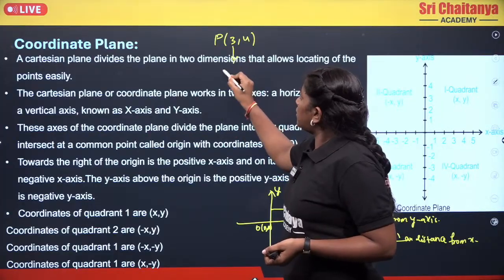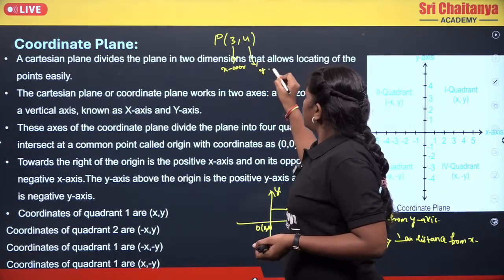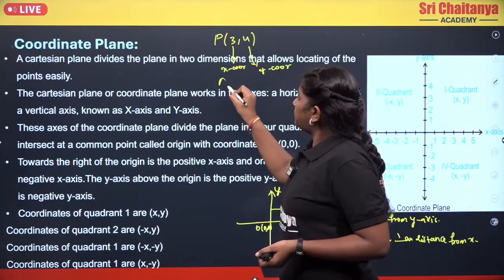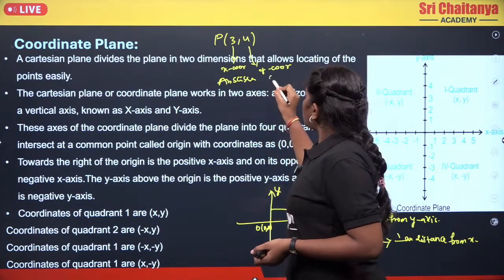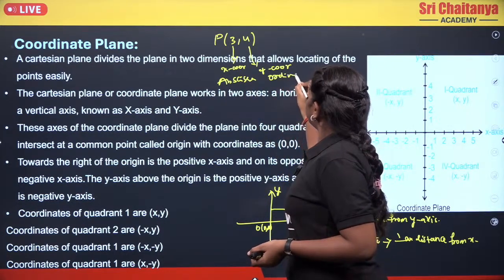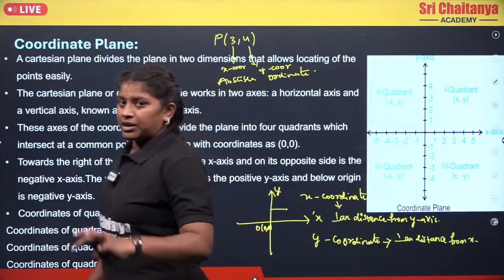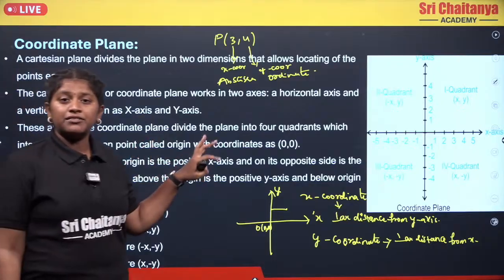So 3 will be your x coordinate, and 4 will be your y coordinate. The other name for the x coordinate is abscissa, and the y coordinate is ordinate. Understood?